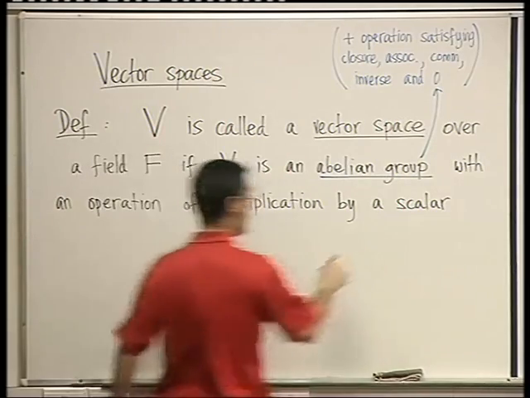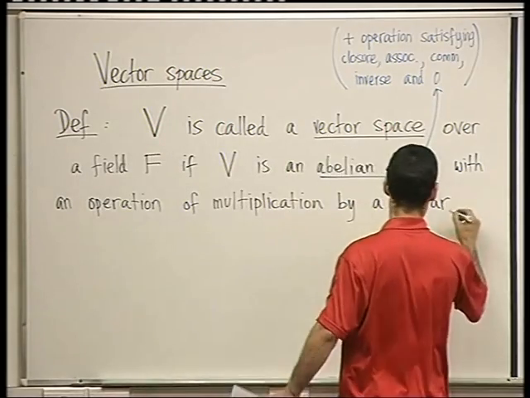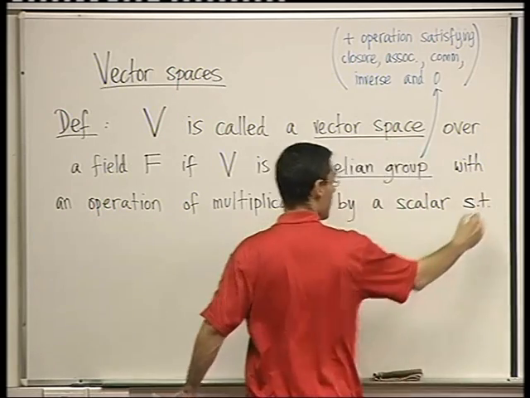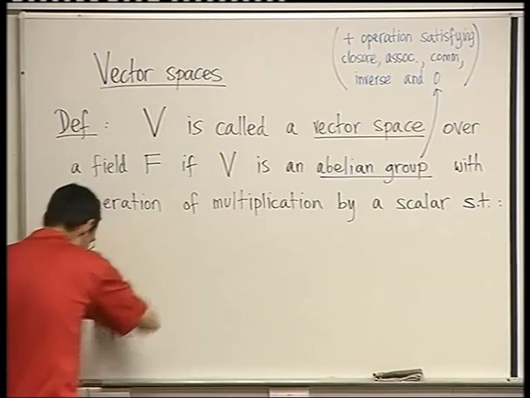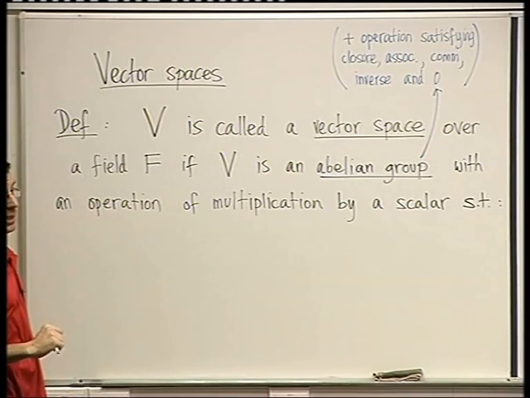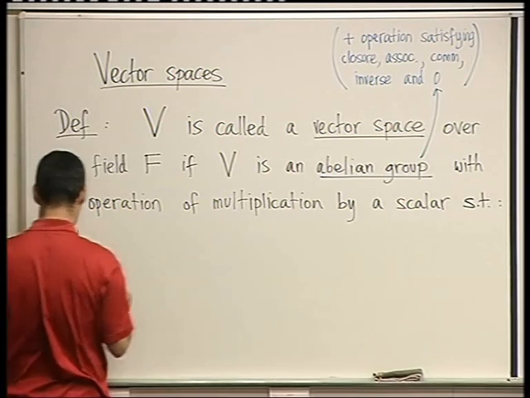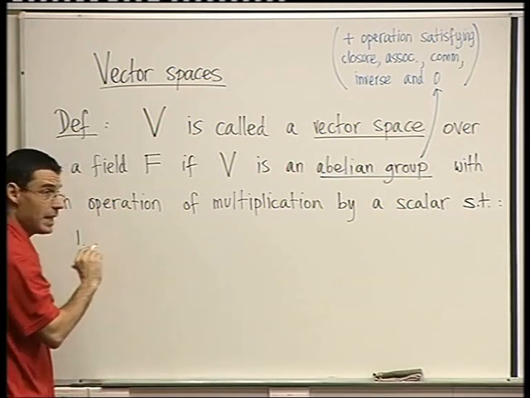Okay, so there's an additional operation of multiplication by a scalar such that, and now all I have to list is the 5 properties of multiplication by a scalar. Okay, so the first property, such that 1, and I'm going to list it abstractly.